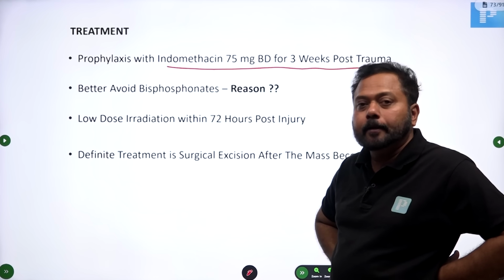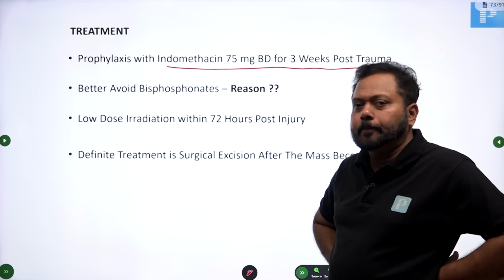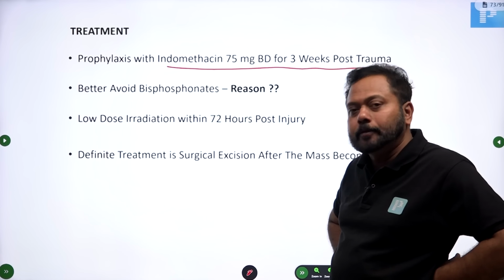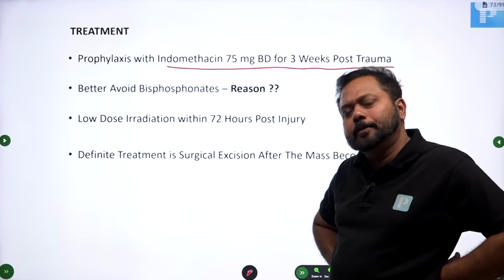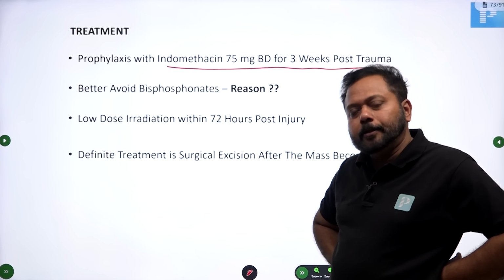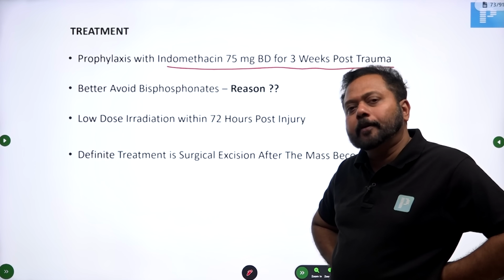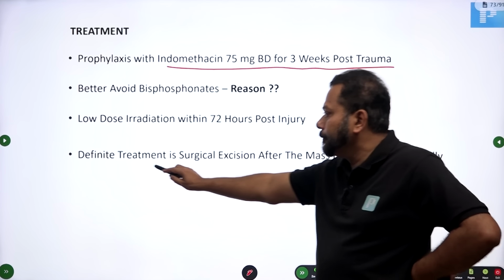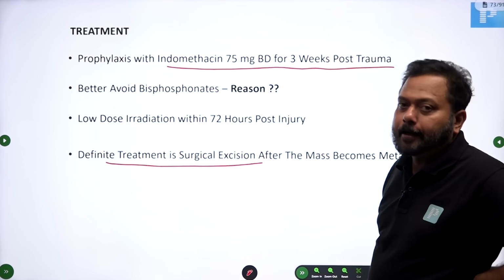So, indomethacin. Better avoid bisphosphonates, as they can worsen the condition. Low dose irradiation within 72 hours. Once the mass is completely matured, in 6 to 8 weeks, it is not hot, it is not active. Then you can go for surgical excision of the myositis mass, which is the definitive management.